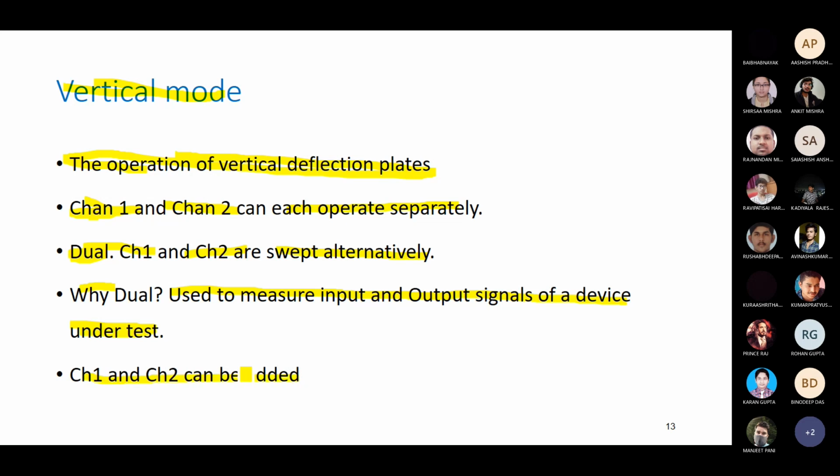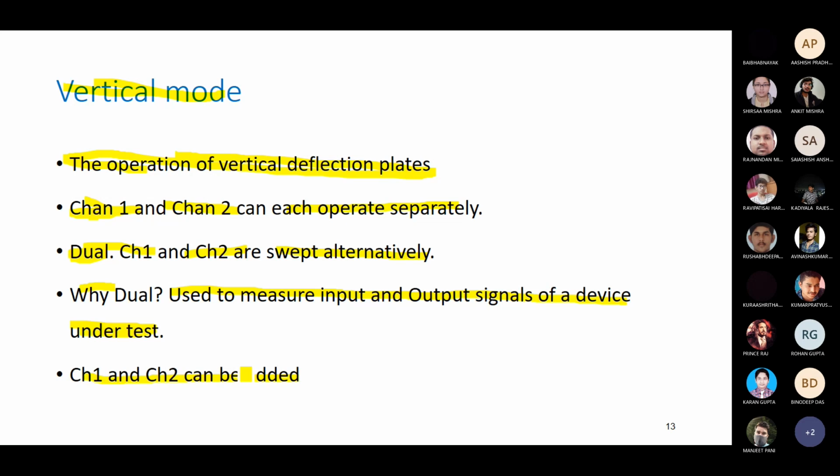But in dual mode of operation, the problem is there. If probe 1, meaning channel 1, has its ground connected to your system, then for channel 2 the probe ground should not be connected to your circuit. If by mistake you connect them and the oscilloscope is of non-isolated type, there is a high circulating current, so you are not getting the reading, and you can see that everything has changed drastically.